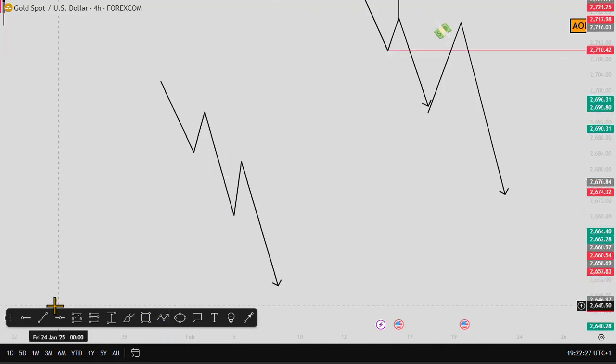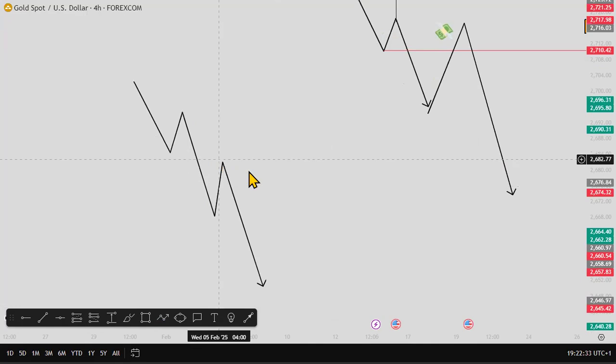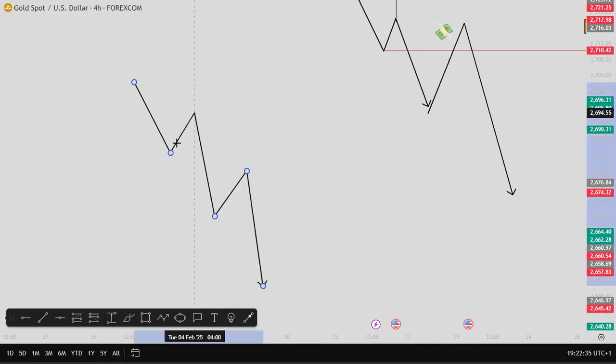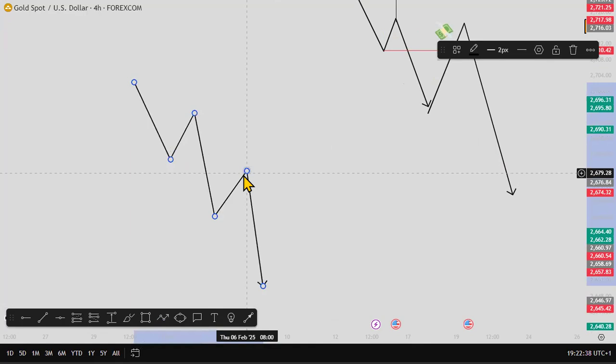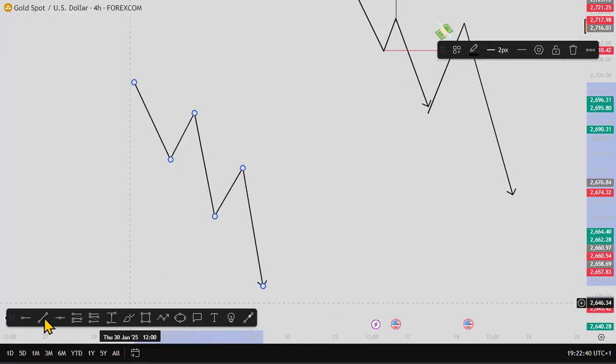Right here, this is an area of liquidity, and this is also an area of liquidity. Now, how do you know which of these areas of liquidity is going to hold?